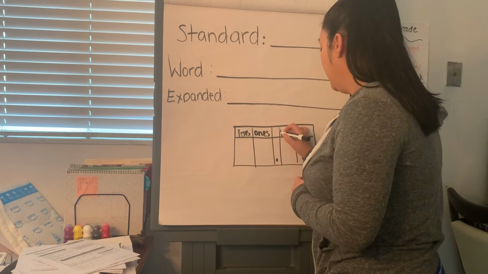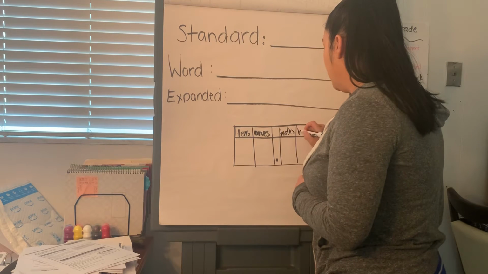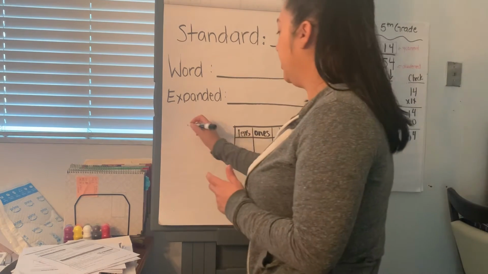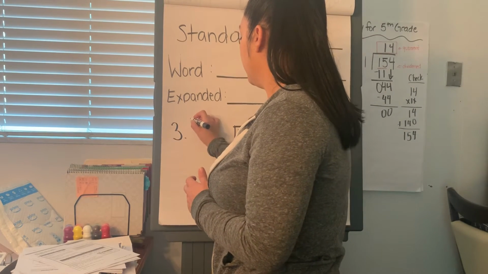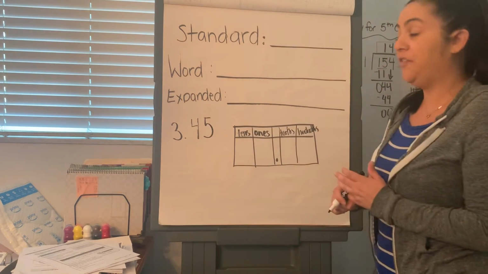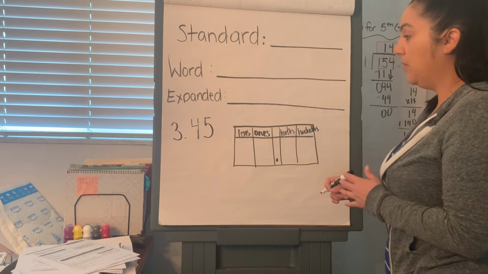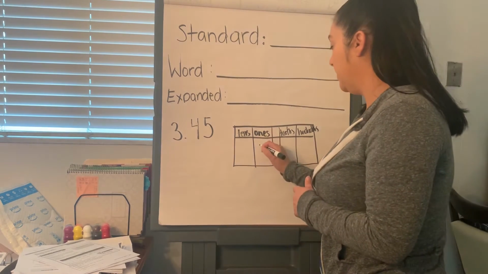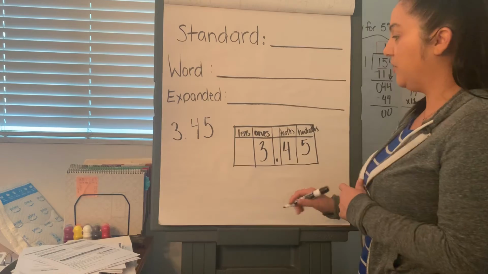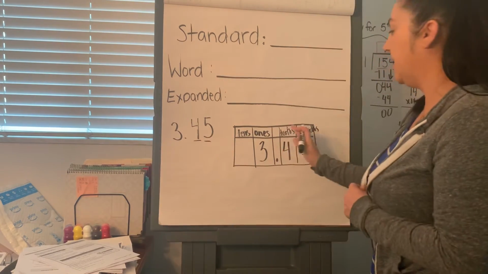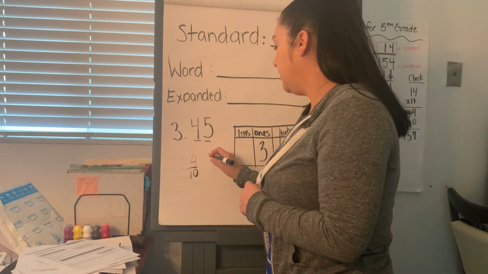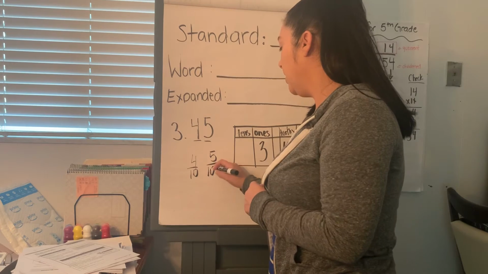This will help if you become confused as to where the numbers go in a decimal. So if this is our number, 3.45, I would place the 3 where it goes in the ones place because it's before the decimal, the 4 in the tenths, and the 5 in the hundredths. Remember that this is your tenths and your hundredths place. This would be 4 over 10, and this would be 5 over 100.